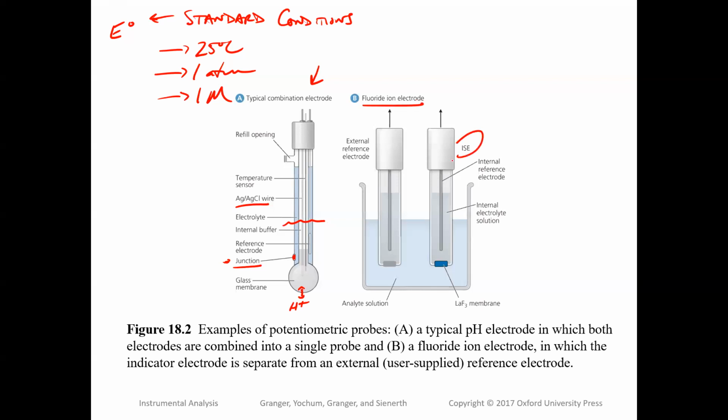These are called ISEs, ion sensitive or ion selective electrodes. In all of these cases, you have a very known solution, a very known system inside your probe. The unknown system is outside the probe. And then, of course, the connection between the two is our salt bridge.